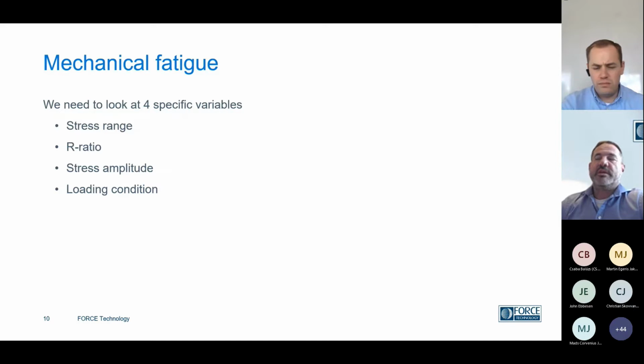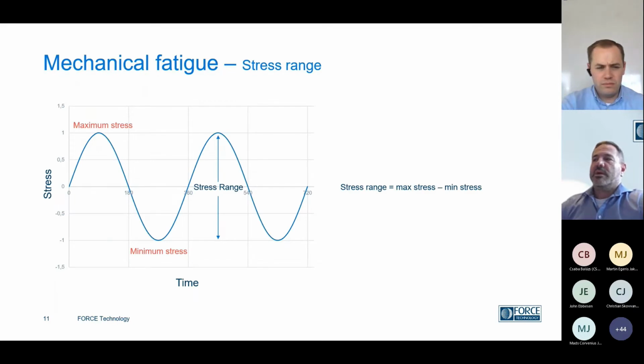Very specifically, I'd like to introduce these four variables or phrases with you: stress range, the R ratio, the stress amplitude, and also the loading condition. As we'll see a bit more of this later on. If we first look at the stress range, it is your maximum stress minus your minimum stress.